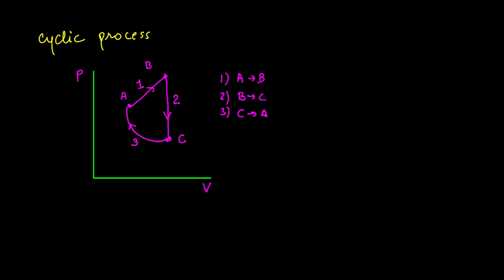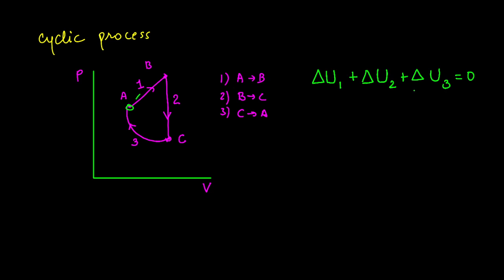Okay, chalo. So if it's like this, now I'm going to put forward one very simple idea. Listen, you start at A, you go to B, then you go to C, then you come back to A. So do you understand that delta U1 plus delta U2 plus delta U3 should be equal to 0?